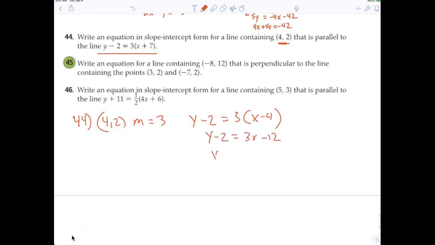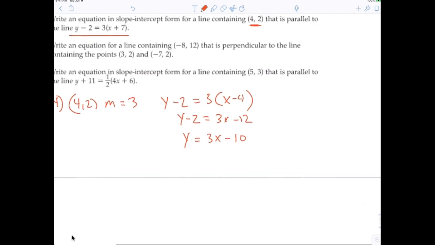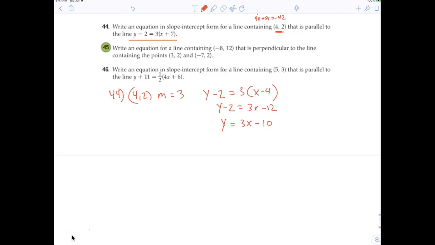And then? Easy, easy, easy. Good job. That's what I want to hear from everybody. That's simple. I think writing the equation of a line is super simple. All right, Gavin, you're up. All right, so 45. What point are they talking about?